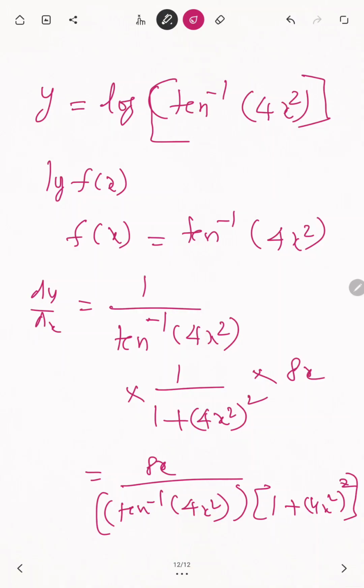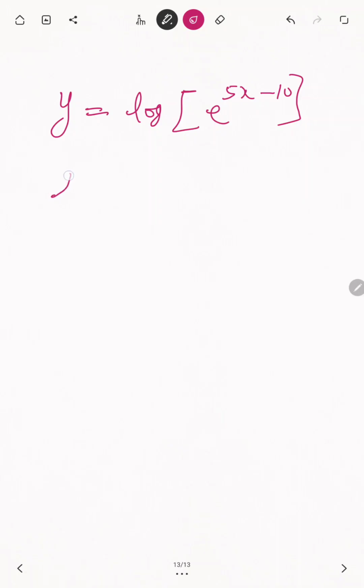The next one, y is equal to log of e power 5x minus 10. So what is this? It is a log function, right?